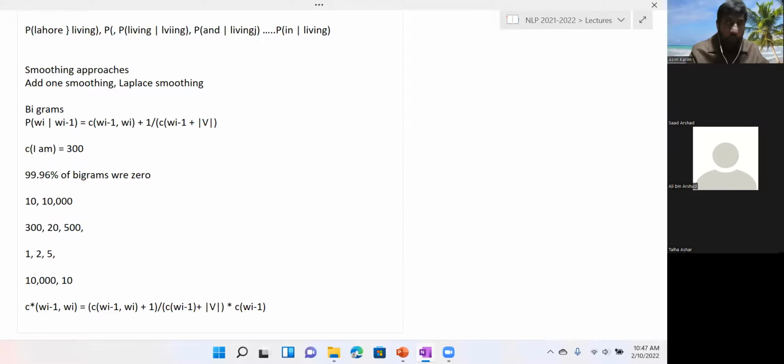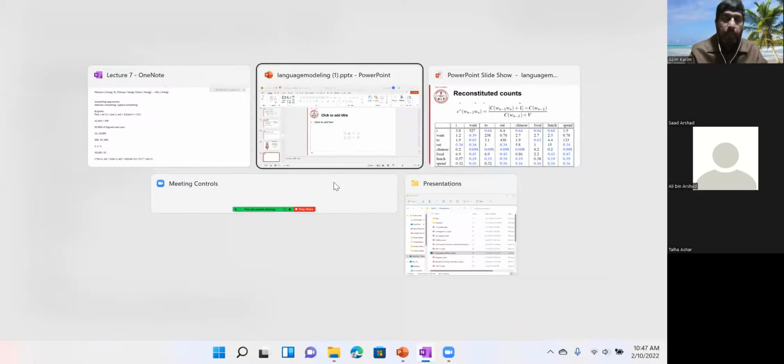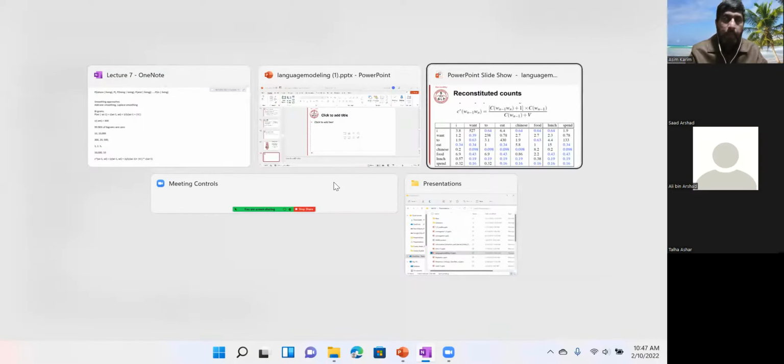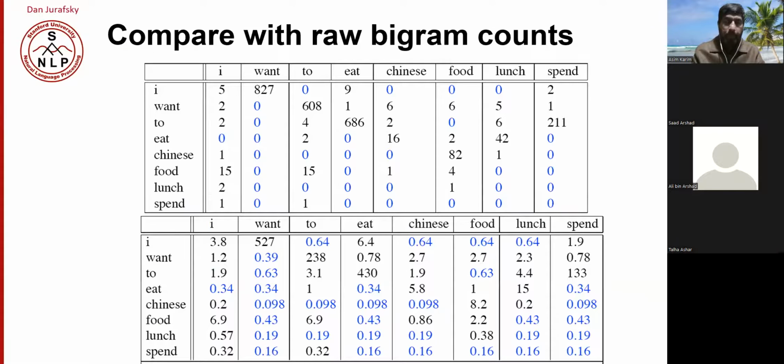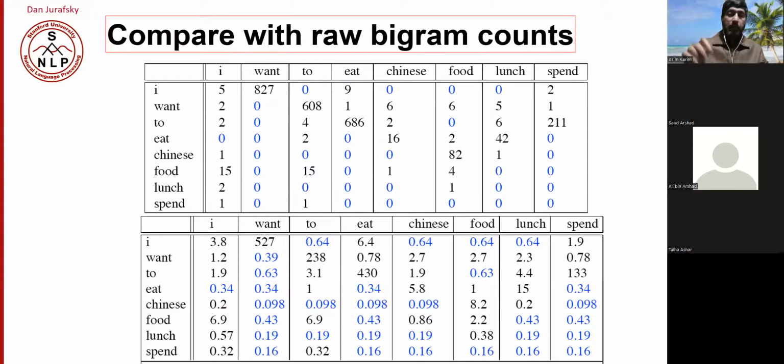And if you look at these new counts for the Berkeley corpus, you notice in this figure the raw bigram counts as well as the reconstituted bigram counts.